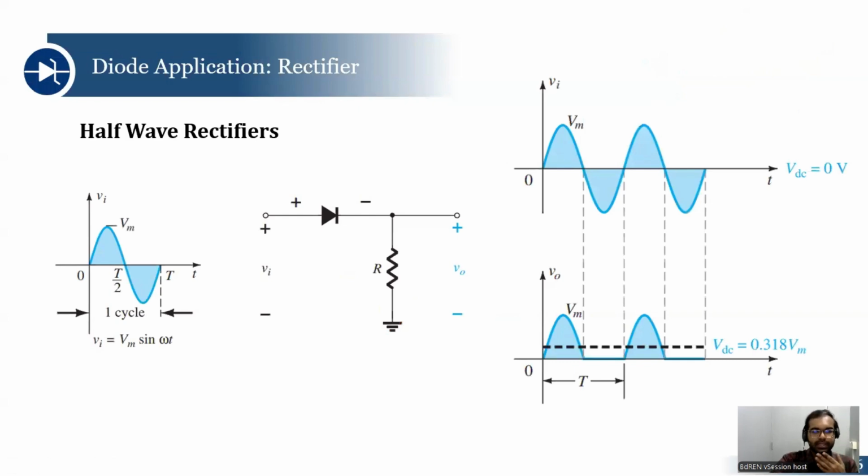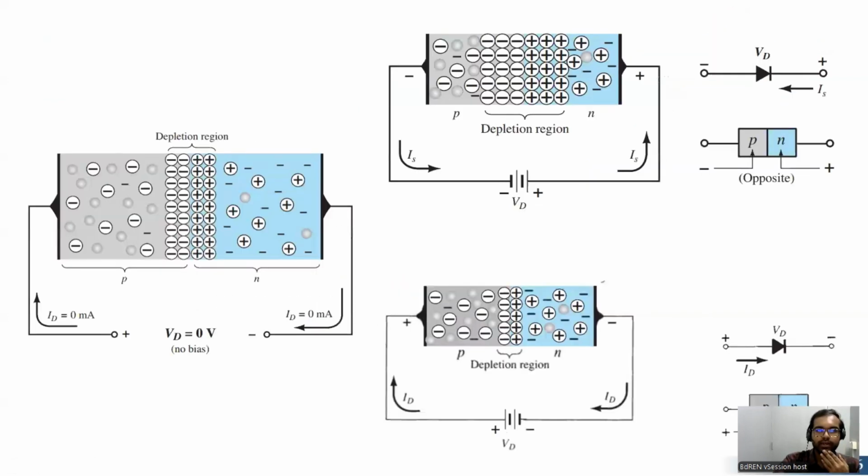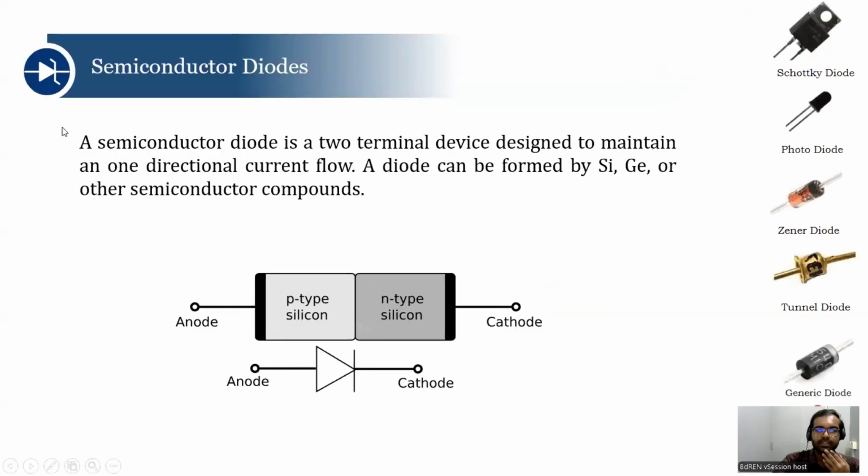Now, do you remember that while we were studying the formal definition of semiconductor diodes, there was a point that a semiconductor diode is a two-terminal device designed to maintain a one-directional current flow. Now, what is a one-directional current flow? Let us elaborate.